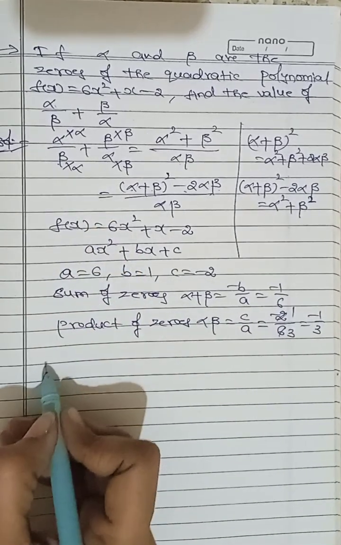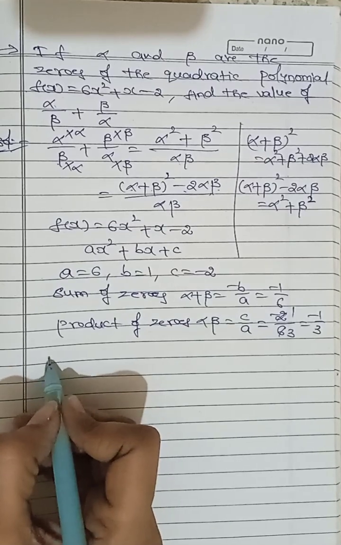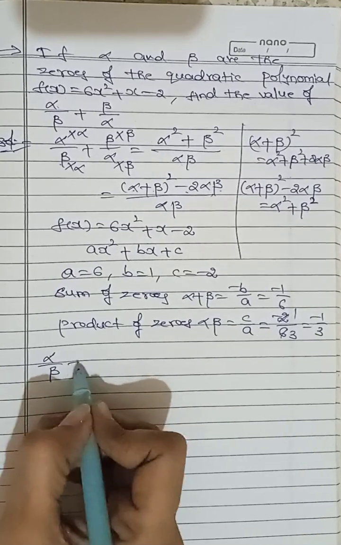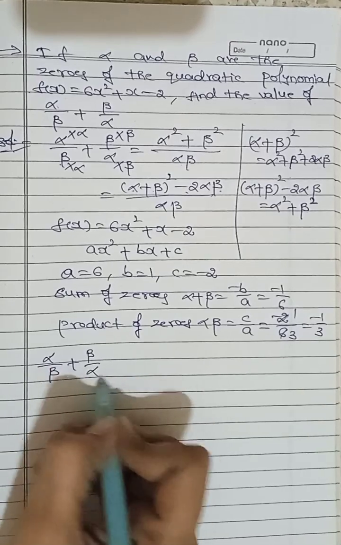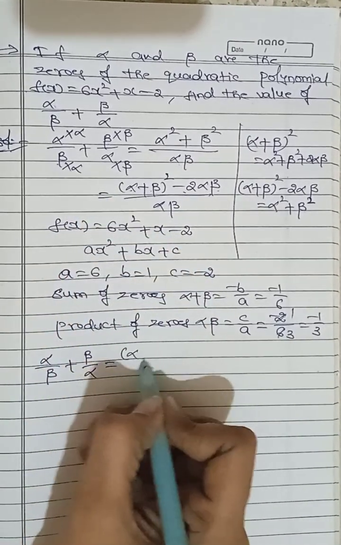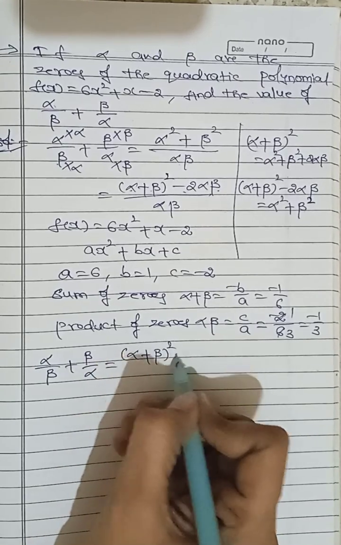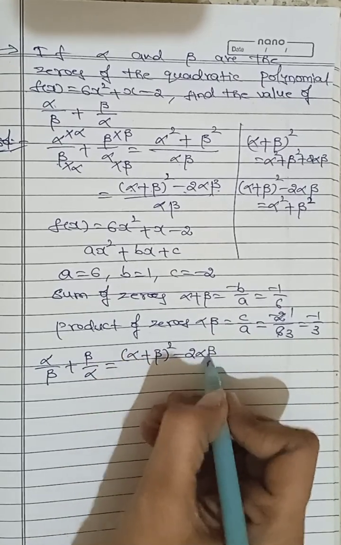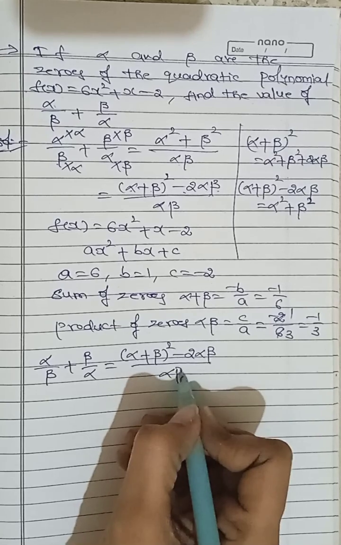So what is our given requirement? The question is alpha by beta plus beta by alpha should be found. That means this value, after simplifying we got alpha plus beta whole square minus 2 alpha beta by alpha beta.